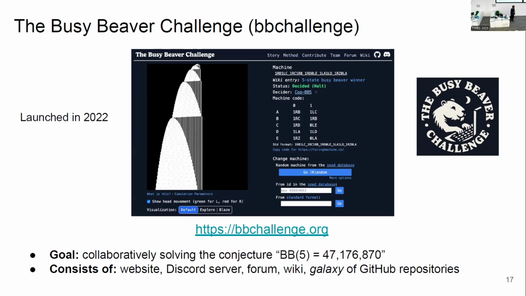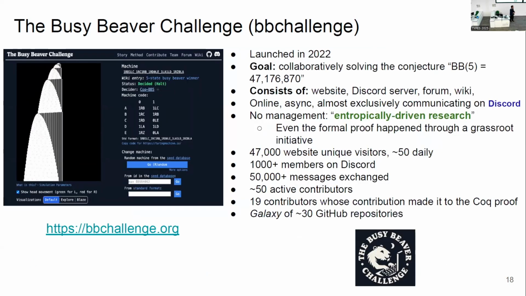A Discord server where most of the talks about research happen. A wiki, which is helpful for long-term retention of knowledge that is created in the chat. And a galaxy of GitHub repositories, where each contributor would have their own GitHub repository and share the work they do. I think it's interesting to mention that there was no management of research.